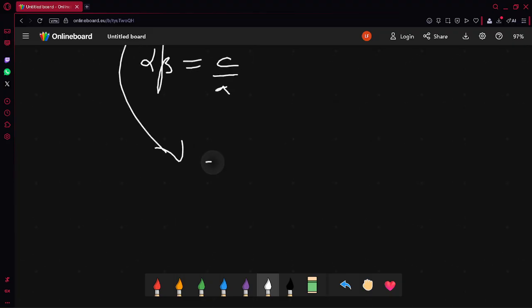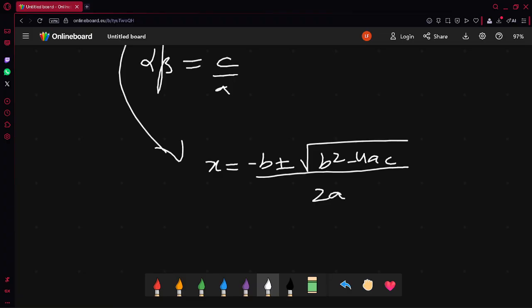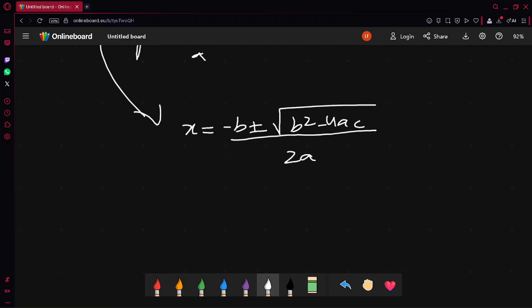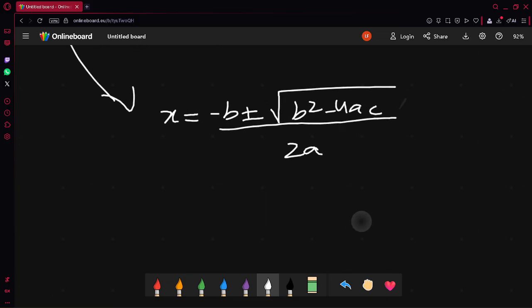We know that x equals -b plus or minus the square root of b squared minus 4ac over 2a. So we know that these are two different roots. One is -b plus the square root of b squared minus 4ac over 2a, and the other one being -b minus the square root of b squared minus 4ac over 2a.